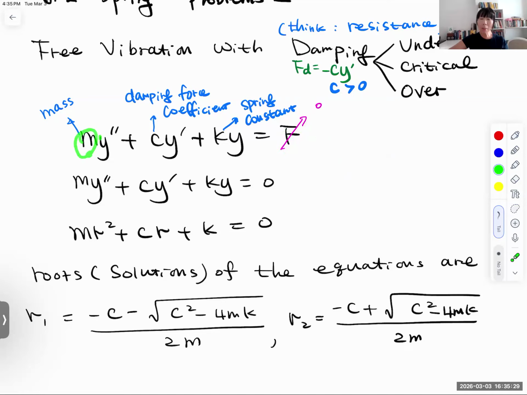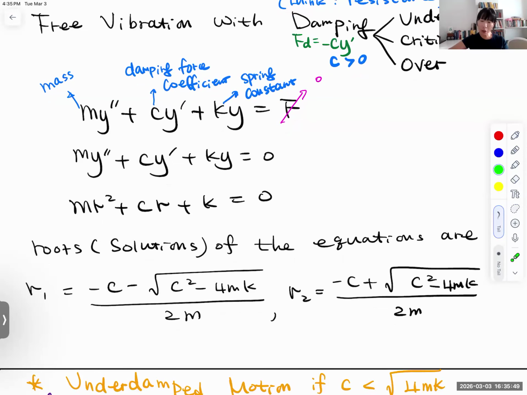M stands for mass, and then we have the coefficient of damping force, c y prime, plus k from the spring force constant. If we have this form, m y second prime plus c y prime plus k y equal to 0, then we can express it as m r squared plus c r plus k equal to 0.